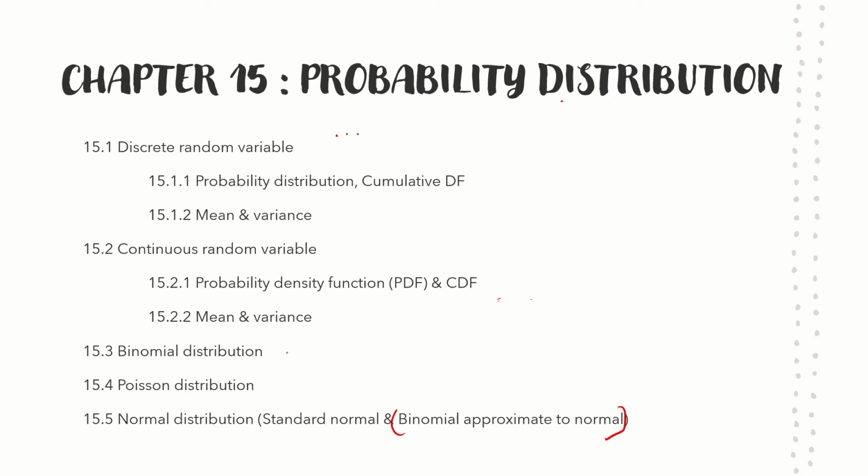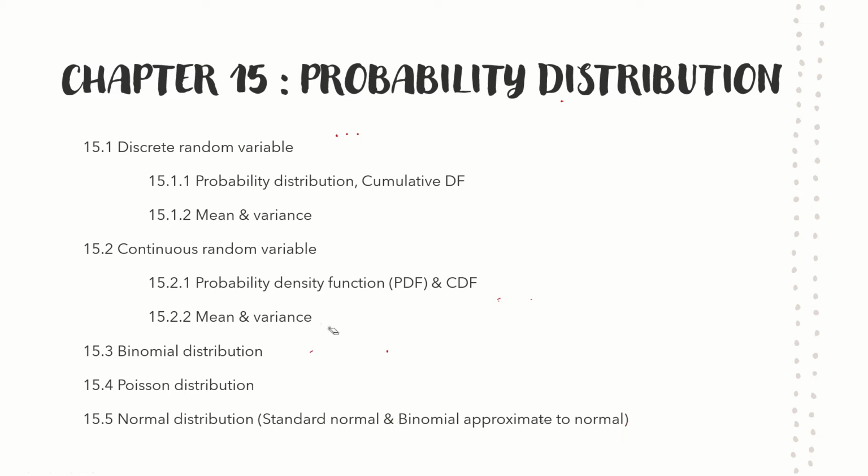This means that you can change binomial distribution to normal distribution when it conforms to the requirement. There is a requirement if you want to change binomial to normal. There is no such thing that you can simply change binomial to normal. It has a requirement. What requirement is that? You will learn about it.